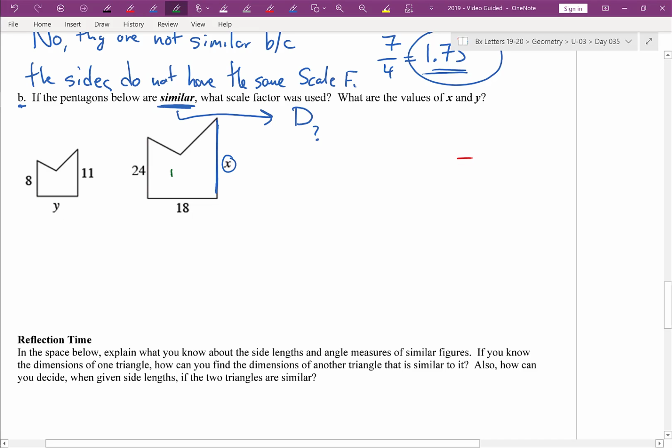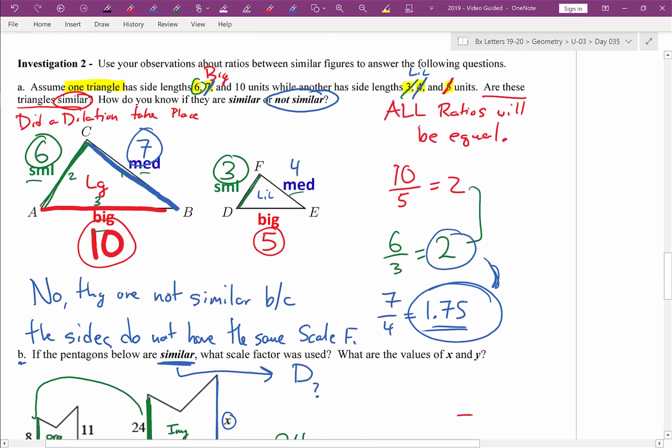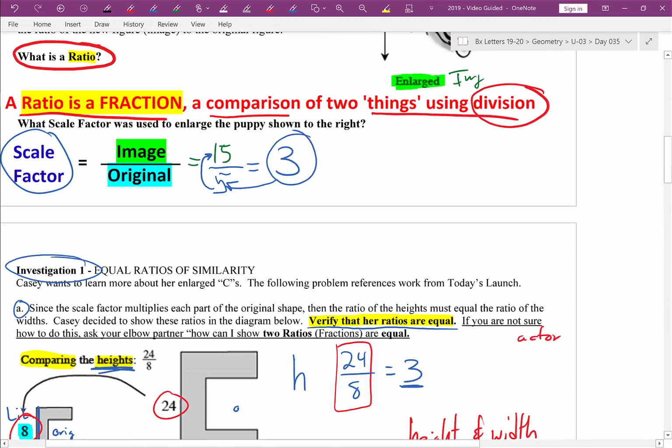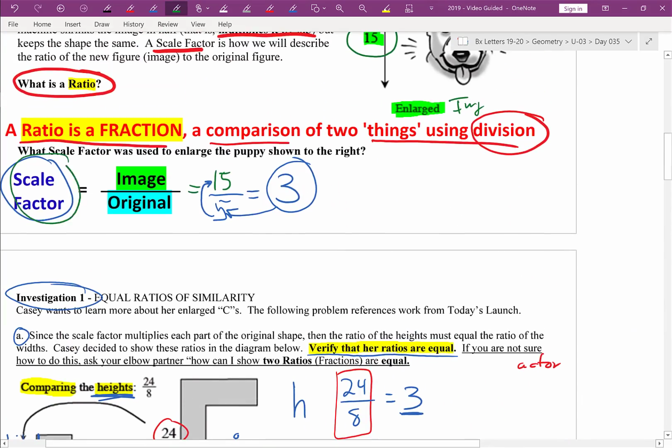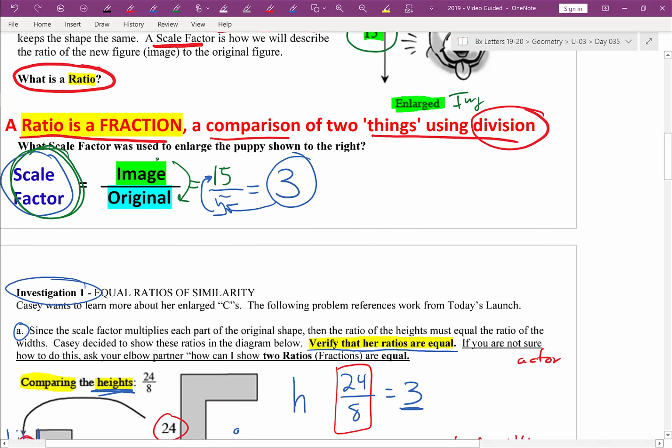I'm going to say, okay, this is my image. This is my original. I know if I take something from the image, right, 24, and I divide it by the corresponding side, 8, that will tell me what happened. You can see that in the first set of notes, right? You can always figure out the scale factor by taking the image and dividing it by the corresponding side in the original.